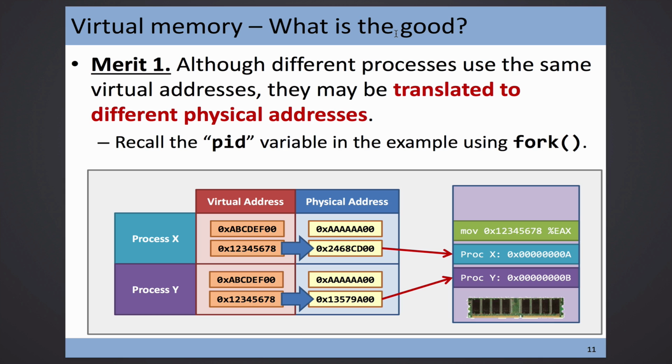Actually, we have a set of virtual addresses, which is only known to process X. Process X has a set of physical addresses. Whenever you try to execute a program, you need to supply an address, and your memory needs to tell the MMU, hey, I want such a physical address now. Please translate it for me.